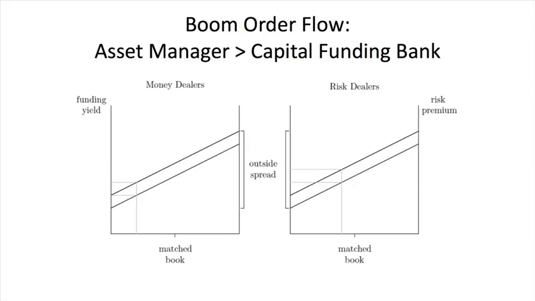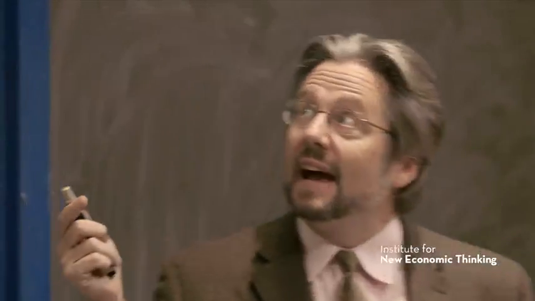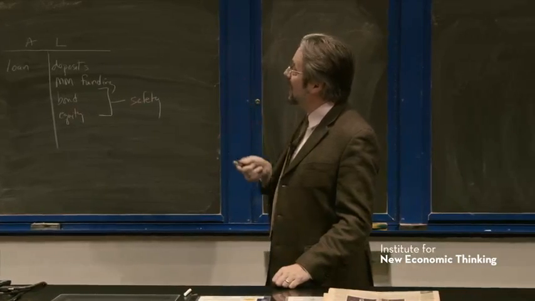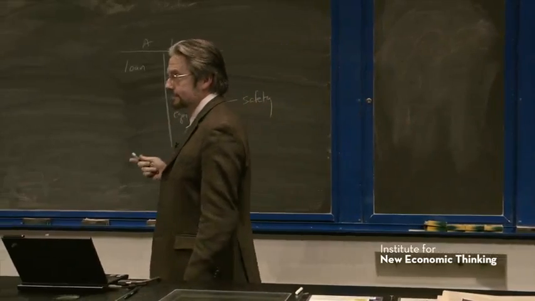So they're pushing risk premiums down in these derivative markets or their equivalent. So the order flows are pushing prices around, and in exactly the way to make it very profitable to set up a capital funding bank, because you can borrow cheaply and these assets are highly valued. So this is the boom.